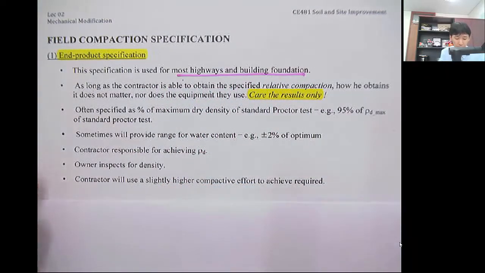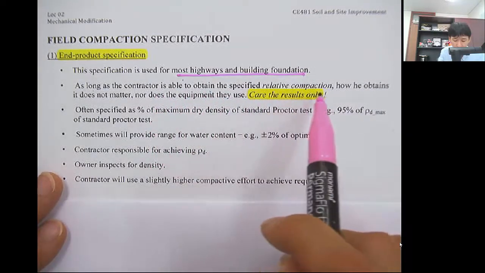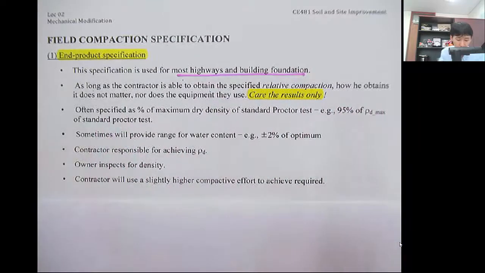Because the contractor is responsible for the result, as long as the contractor is able to obtain the specified relative compaction, how he obtains it does not matter, nor does the equipment they use. So the owner will not care about what type of equipment they use or how they obtain the result. So it cares only about the result.